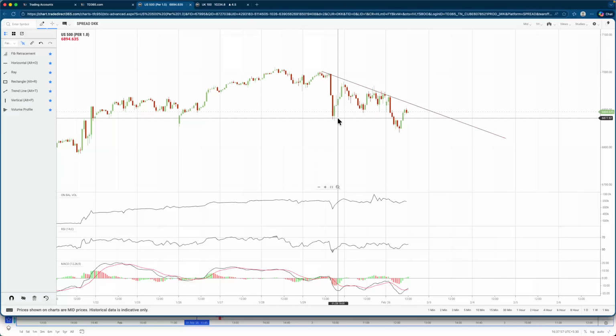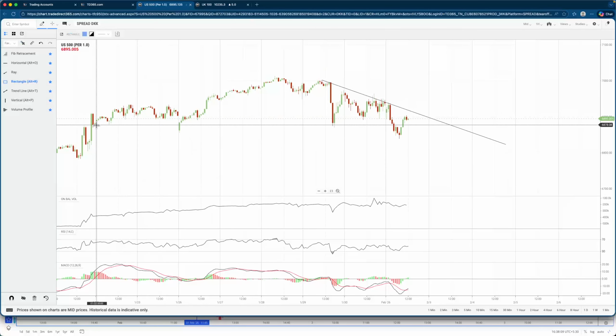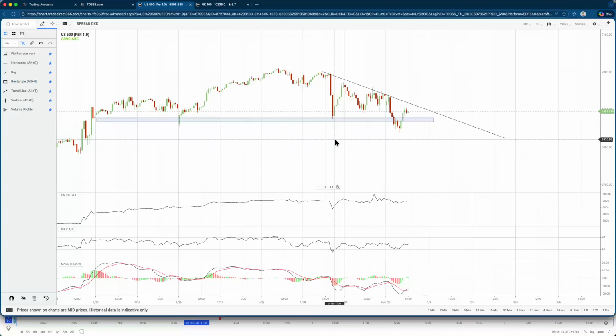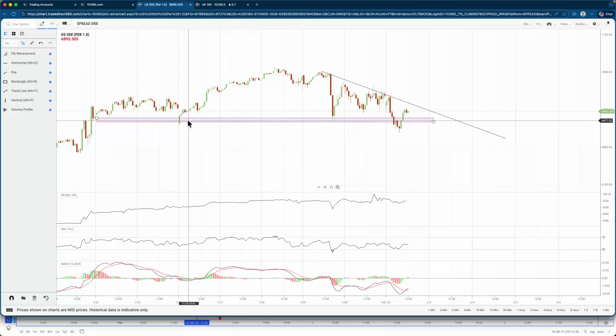Then there is support. This is actually a support zone. So we can see a support zone here.